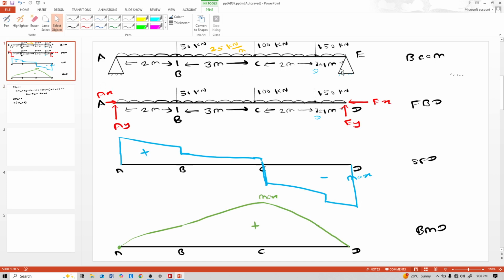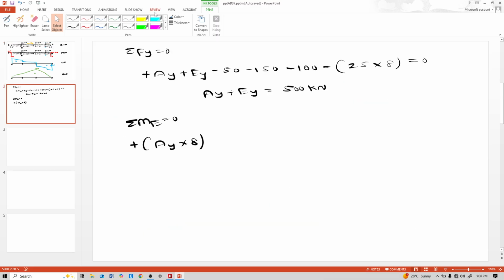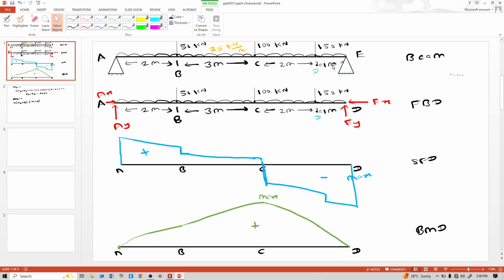Fifty into 3 plus 2 is 5, plus 1 is 6, the 50 is anti-clockwise. Then 100 into 3.